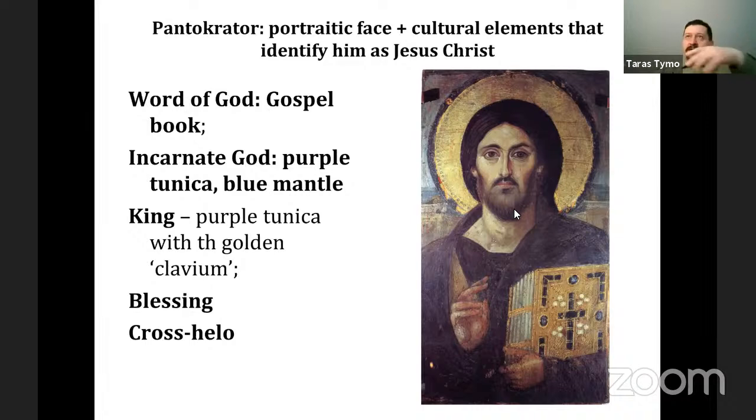As I showed, there is a close correlation between this image and the Shroud of Turin and perhaps the Mandylion, who knows? So the face becomes standard from that time on, plus some cultural elements that express Jesus' identity as the Son of God, as a teacher and as a judge.